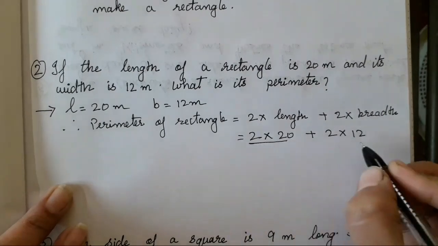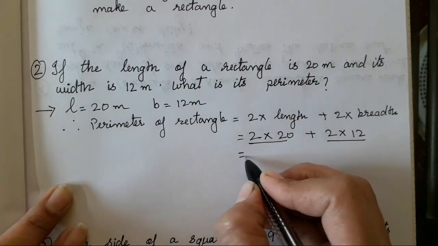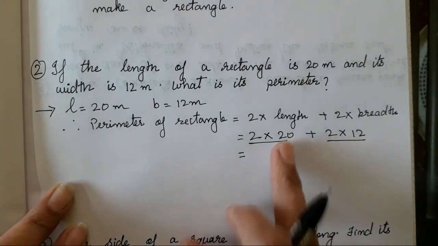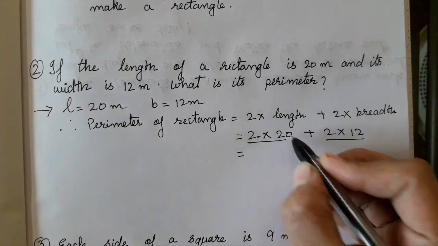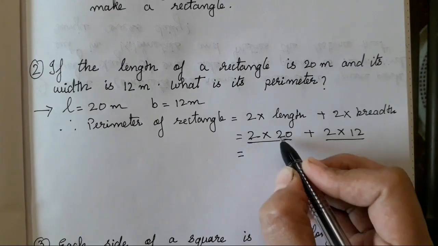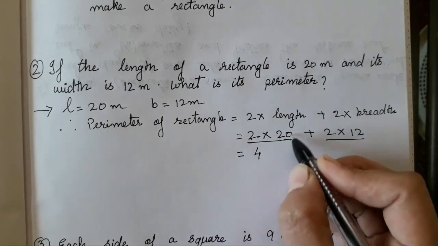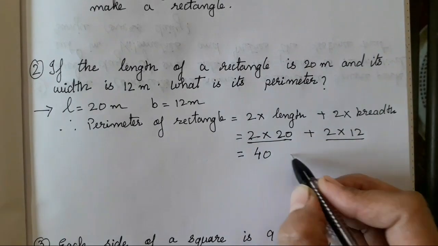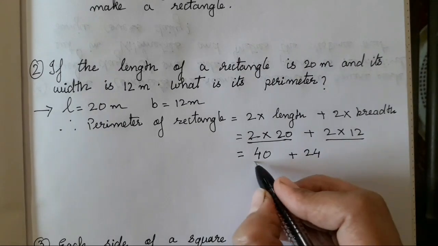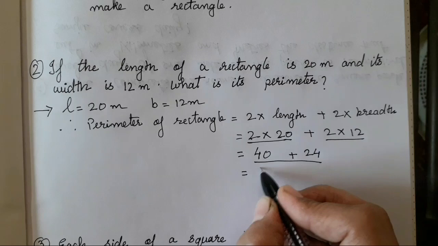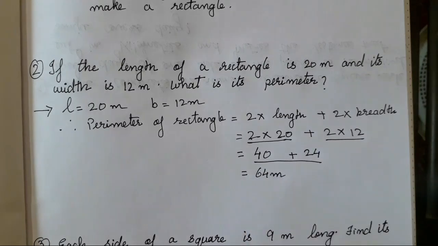First we will carry out the multiplication, it is very easy. You don't have to multiply in a separate way. I will show you the trick. First we take the numbers, 2 2s are 4 and 0. And we all know 2 12s are 24. So when you add these two numbers, you are going to get 64 meters.